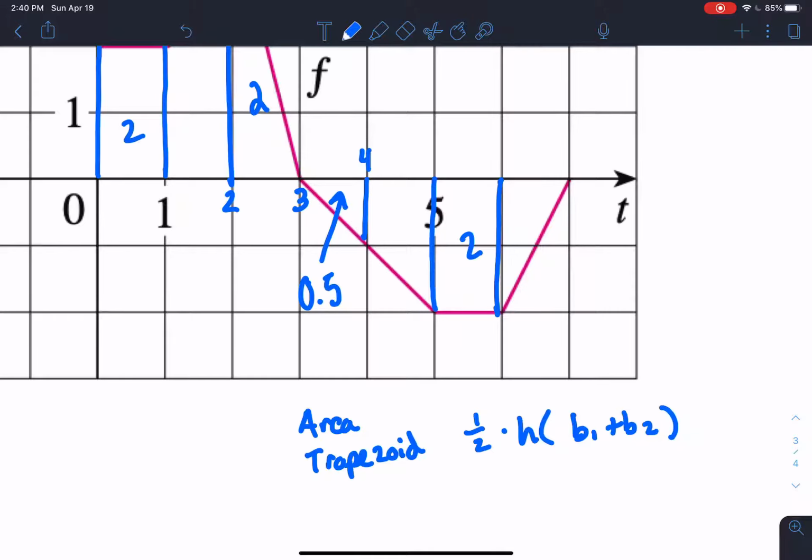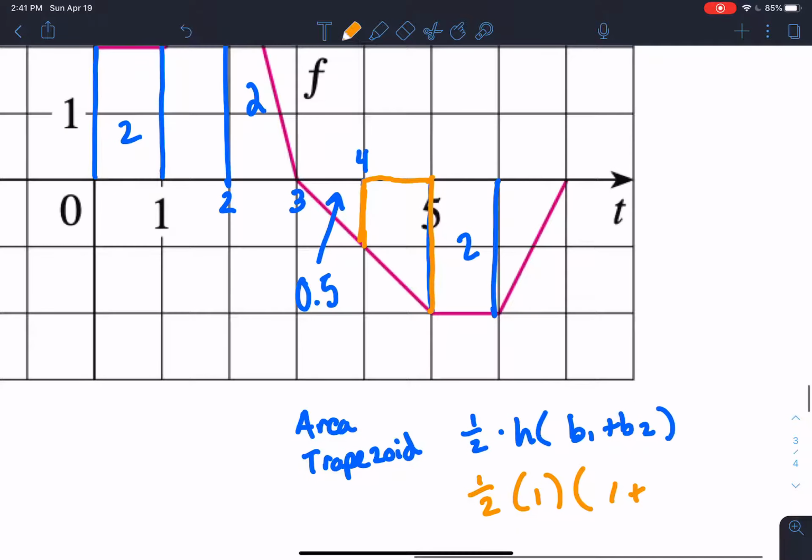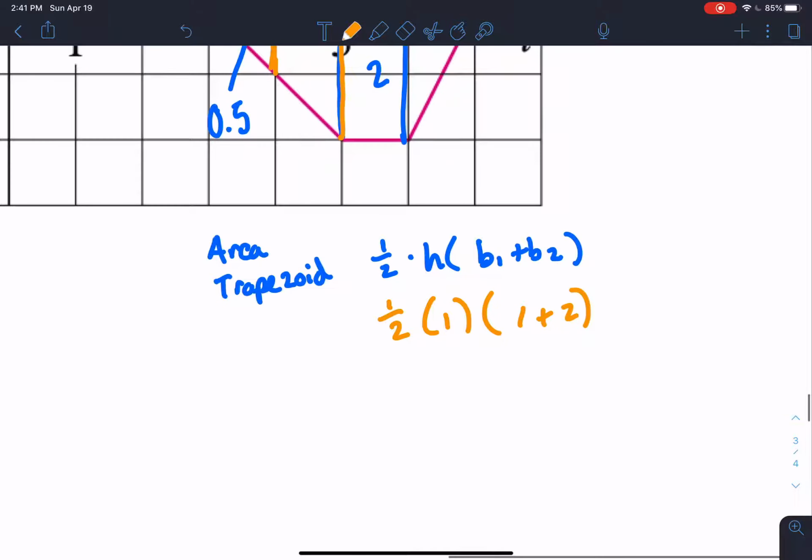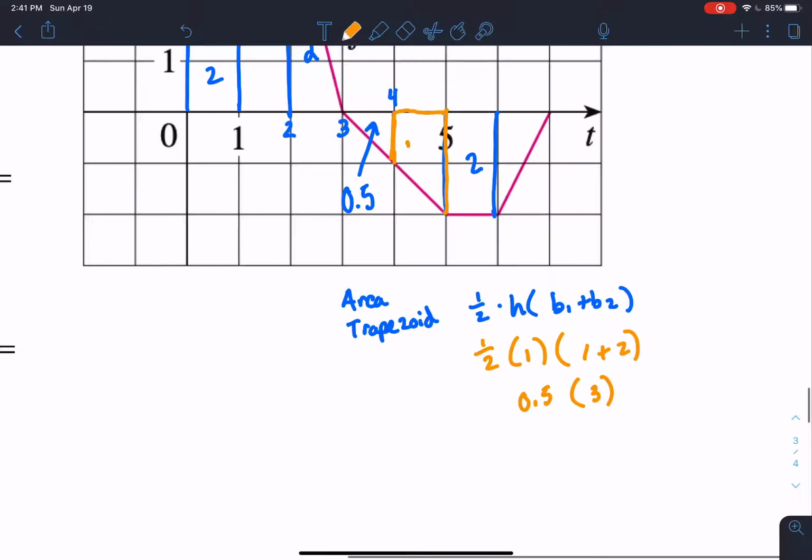The bases you can use here and here, and then here is going to be your height. So in this case, it's 1/2 times 1, and then the sum of the two bases, 1 and 2. So this is going to give me 0.5 times 3, so half of 3 is just going to be 1.5.